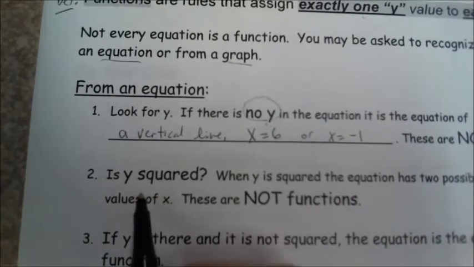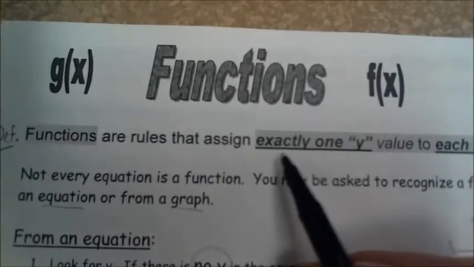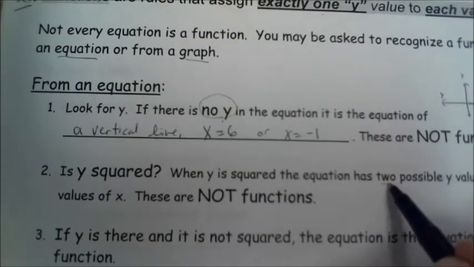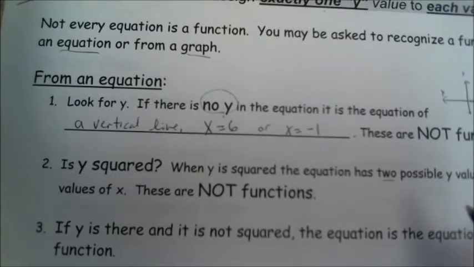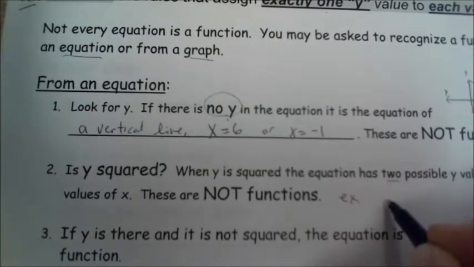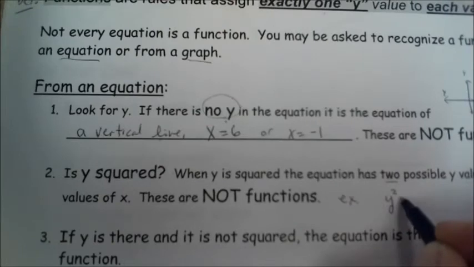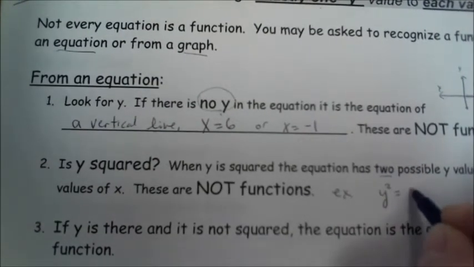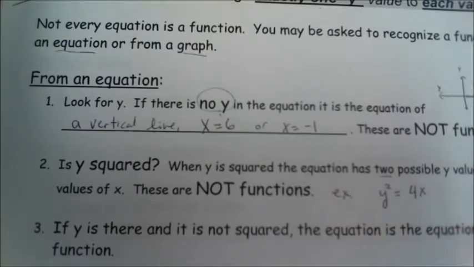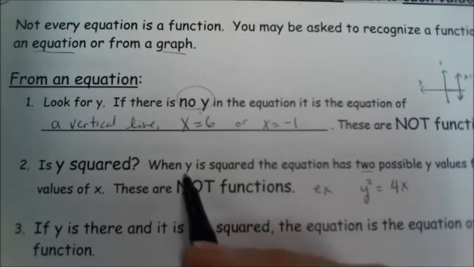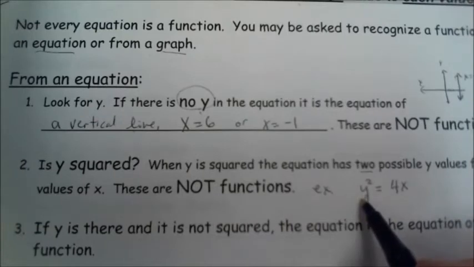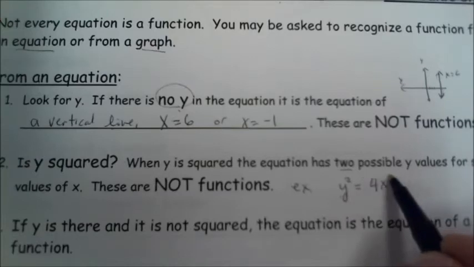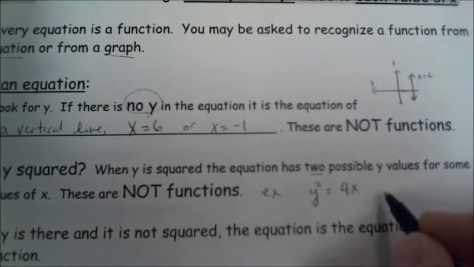Now, if y is squared, then there is not exactly one y for each value of x. When y is squared, there might be two possible y's for some value of x. For example, you might say y squared is equal to 4x. When y is squared, this is not a function because the next line down you could say y is equal to the square root of 4x, plus or minus.